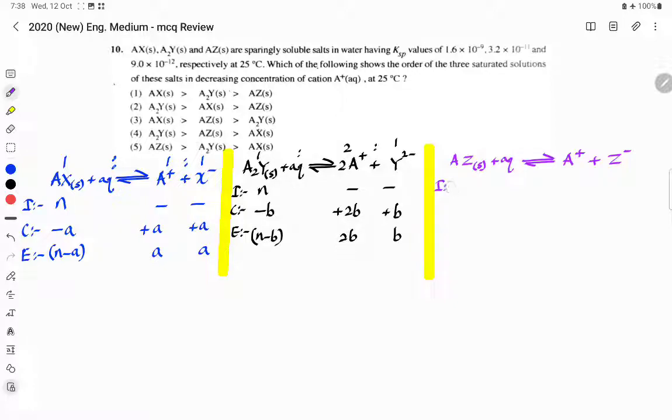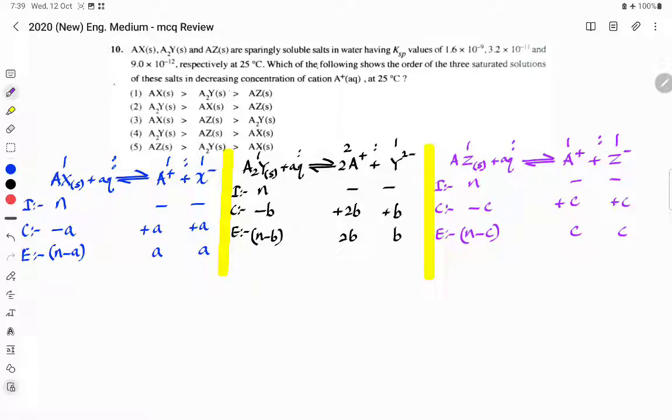Right, let's write down the ICE method for this. The initial n amount, let's say c amount is dissolved from here. Now according to the stoichiometry, it's 1:1:1. c amount of A+ will be generated and c amount of Z- will also be generated. Therefore at equilibrium, this will be n minus c, this will be c and c.